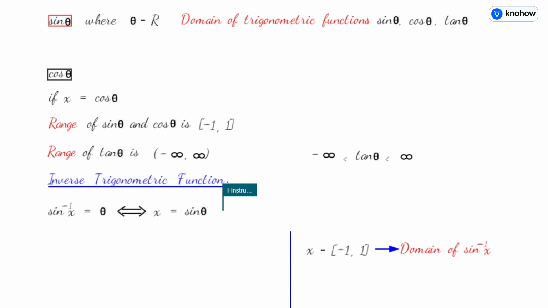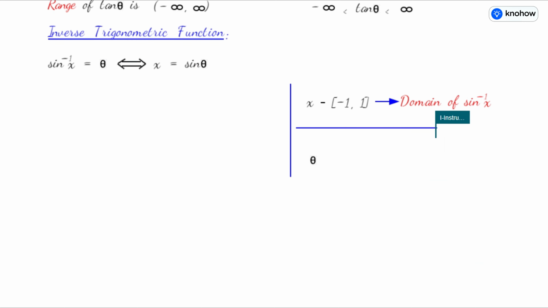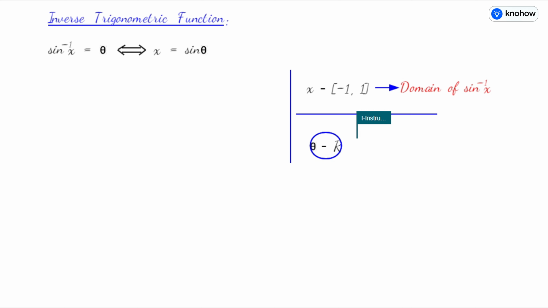And what about theta? Earlier, when we defined sine theta, theta is any real number, but in this case, we'll discuss whether theta is any real number or there is some problem with it. That we'll discuss slightly later. At present, let me take a few examples to further discuss sine inverse x. For example, what is sine inverse half?